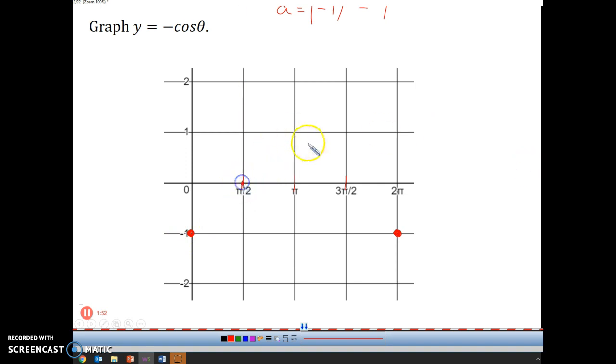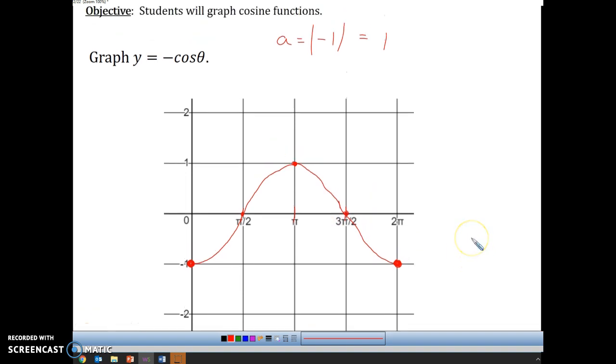And then I'm going to go up to a maximum, and then back down to an intercept, and then down to my minimum, to the end of my period. So here is y equals negative cosine theta. Okay, it's just cosine theta except flipped.